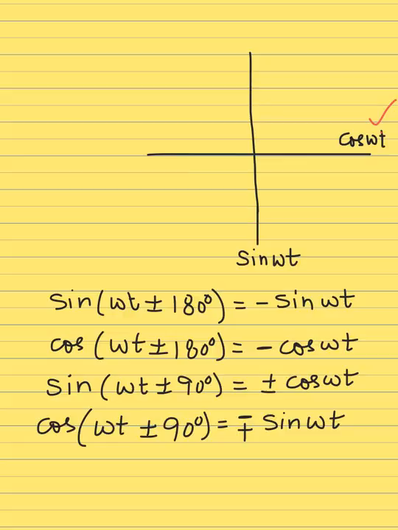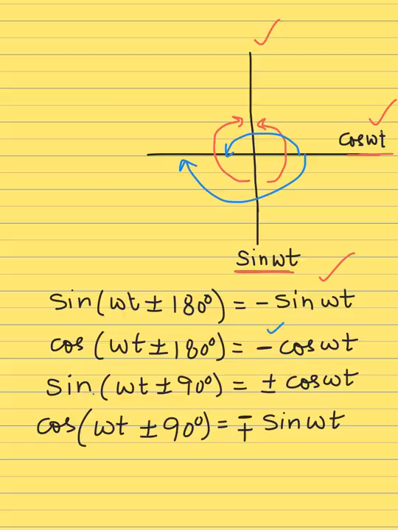So with sine omega t, you either add or subtract 180 degrees, so either you go there or you go here. You're reaching the negative side, the opposite side of the positive sine, so it's going to lead to negative sine omega t. Similarly, if this is cos omega t and you're adding or subtracting 180, you're going to reach the point exactly opposite of cos, which is negative cos omega t.